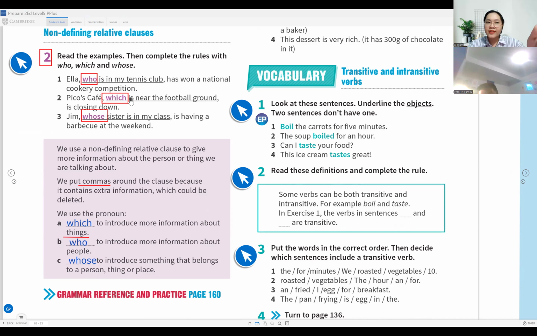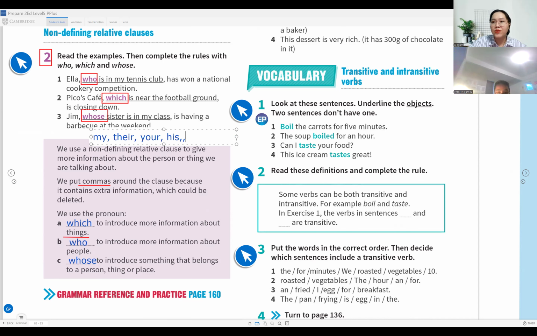And as you can see, in a non-defining relative clause here, we usually see determiners or exact names like Ella, Lucy, Jim, or determiners like my car, their name, my, their, your, his, her, and so on.